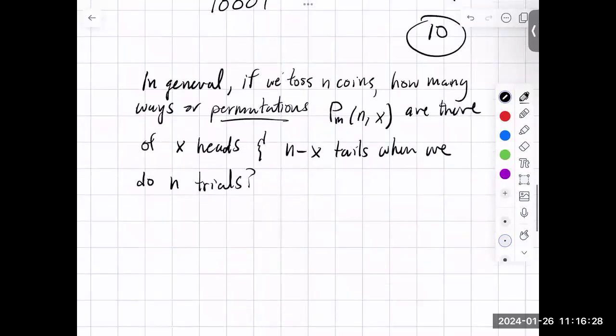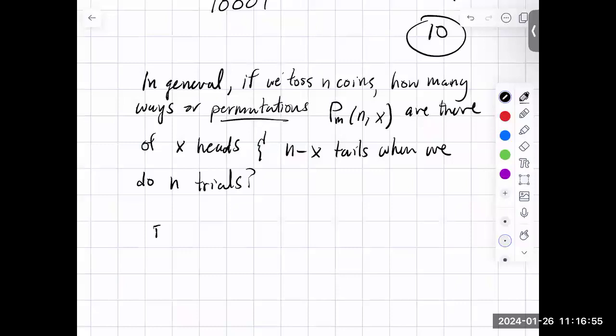Okay, so one way to think about this is let's place all N coins in front of us, and then we're going to select one of those coins. If there's N of them, we can select any one of them, and we're going to say this coin is going to be, well, I'm going to change it so that it's definitely a head. And so when I make that selection, I can choose from all N coins, and so I have N choices to make.